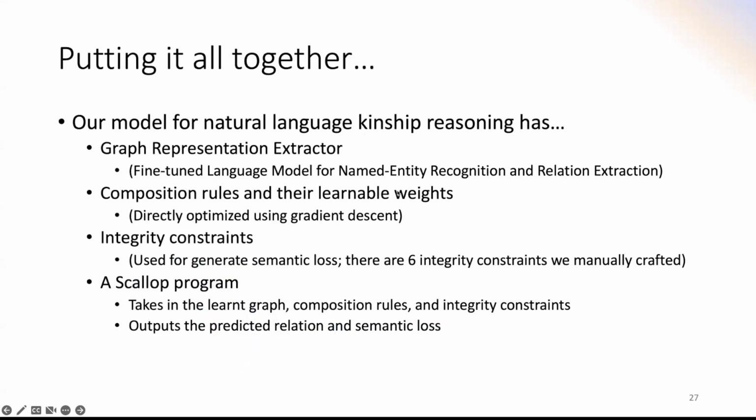Now, putting it all together, our model for natural language kinship reasoning has 4 components. The first component is the graph representation extractor. It's based on some existing neural networks, and in this case, we actually use RoBERTa for it. And then we have composition rules and their learnable weights. There are 8,000 possible ones, and at the end, this system is able to learn a subset of those which are very likely true.